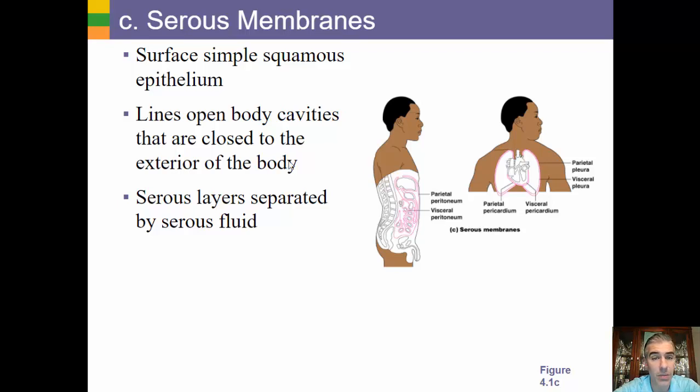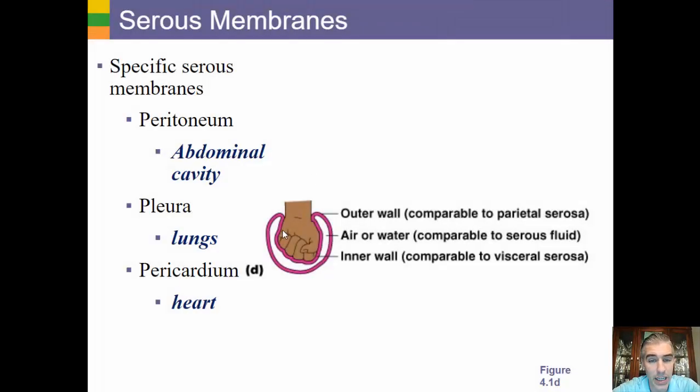The way a serous membrane actually looks, we'll see on the next page: it's basically a bag that has serous fluid in it. That fluid keeps it moist, but also protects it and prevents friction and things like that.